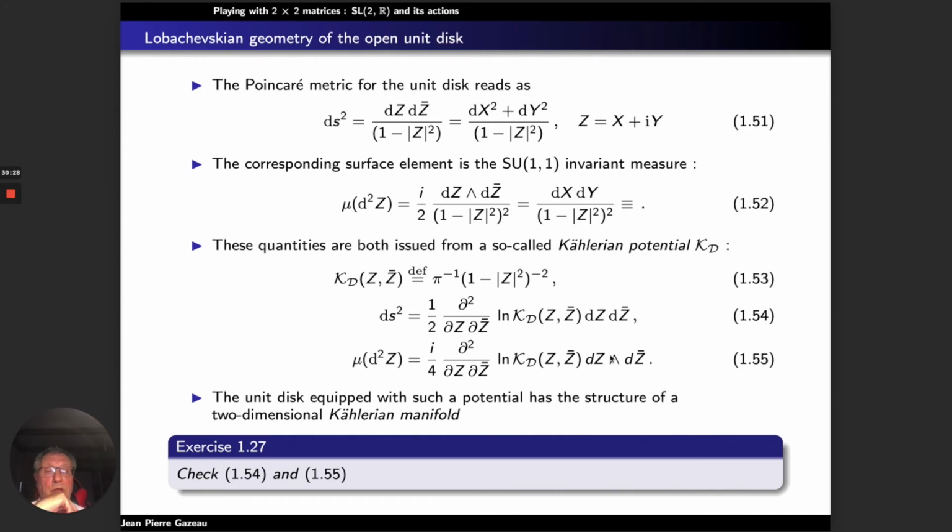I will have to correct that because I should find a square here.